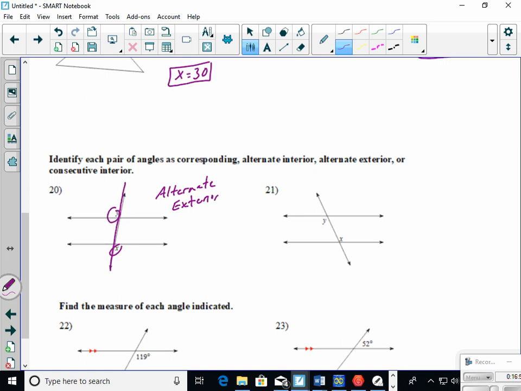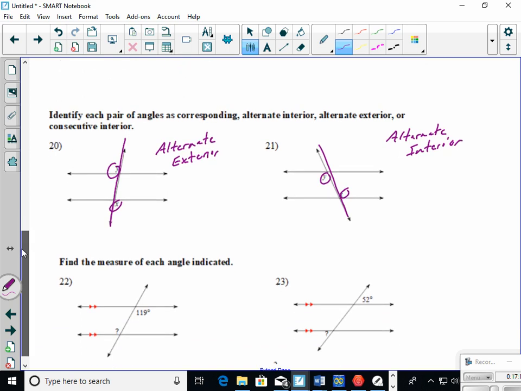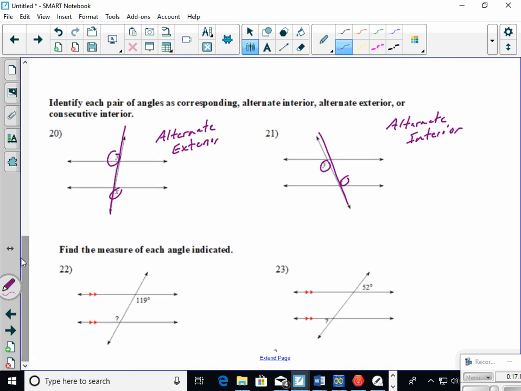They're going to be equal to each other, or congruent. 21, they're on different sides of the transversal, but they are in between the two lines, so this time it's alternate interior angles. Make sure you know those different sets of angles, because maybe a different set will be on the actual test.